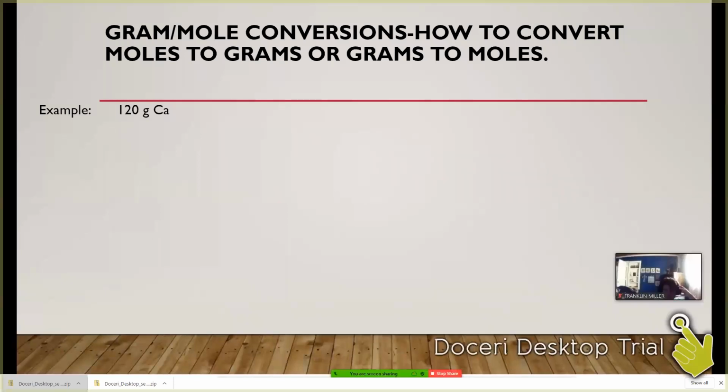All right, so we go back and we're going to start doing problems with a given that came from some kind of measurement. So we have to go back and start worrying about our sig figs, and those come from the given. In this problem, these are gram to mole conversions or mole to gram conversions.